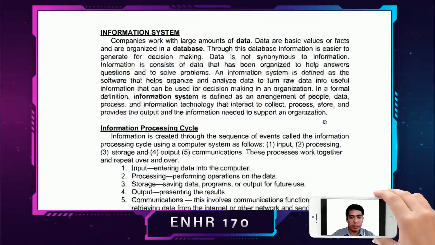Yung sinasabi natin na data, for example, yung enrollment data, okay, na yung pag-enroll ninyo, okay, through those different data that have been inputted in the computer and been collected, processed, and stored, the university can now get some information on the level kung ilan yung nag-enroll sa isang degree program, kung ilan yung nag-enroll sa isang college, sa university.